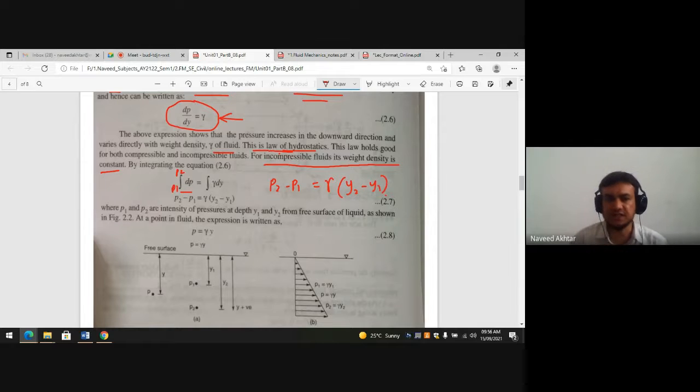This is the concept of pressure. This equation is nothing but the law of hydrostatics.